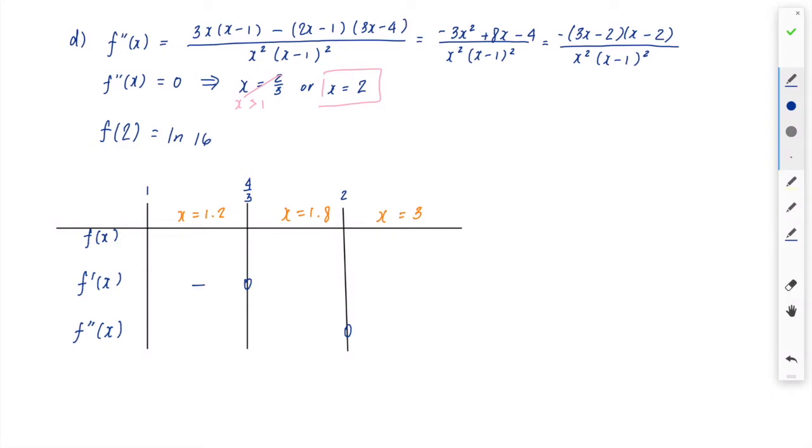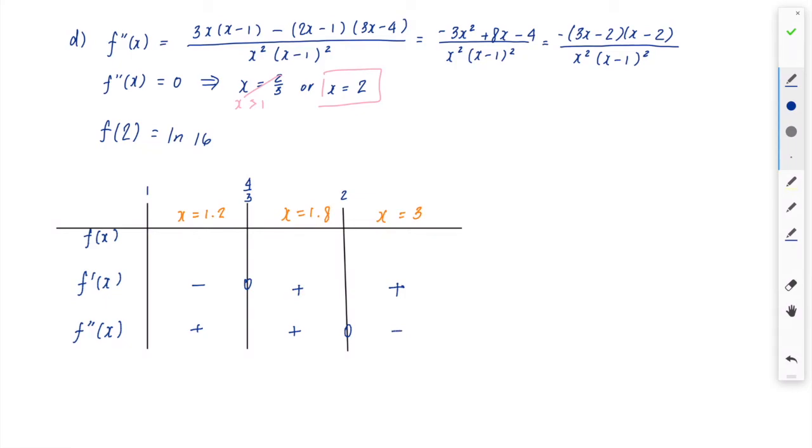F double prime at 1.2 is positive using calculator. F prime at 1.8 is positive. F double prime is positive here. f prime of x is positive when x is equal to 3, and double prime is negative.